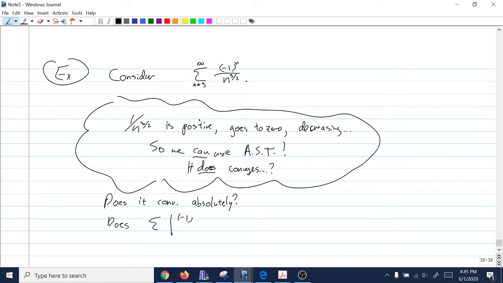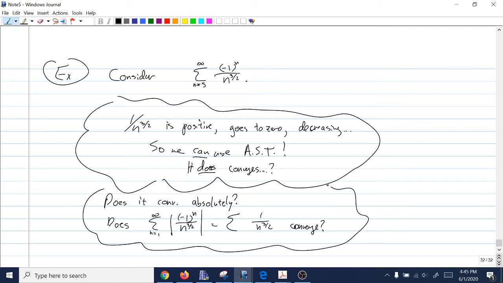What is the absolute value of negative 1 to the n over n to the 3/2? That's the sum of 1 over n to the 3/2. Does that converge? That's a p-series. The p-value is 3/2. That's bigger than 1. So yes, it does converge.